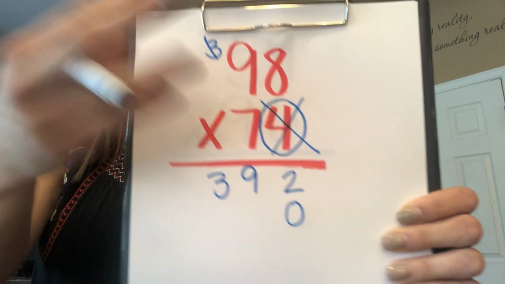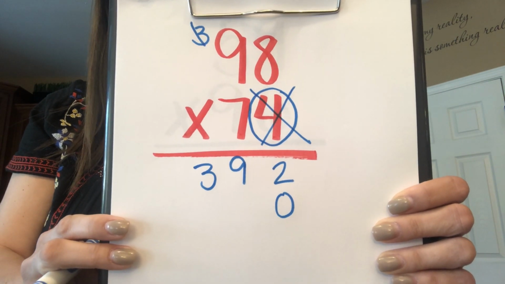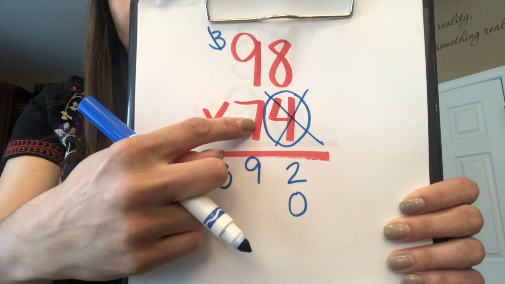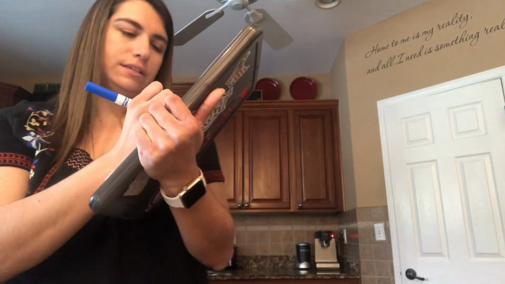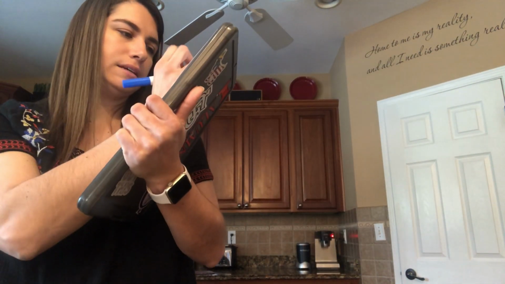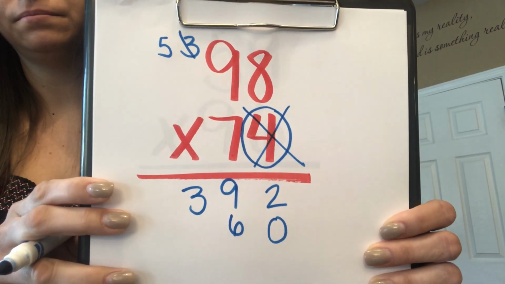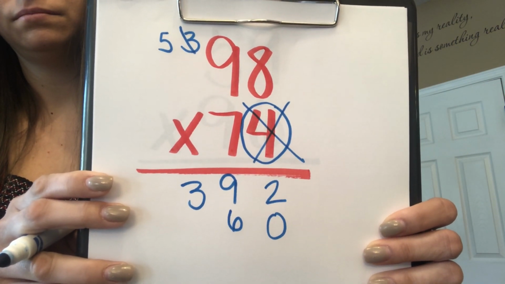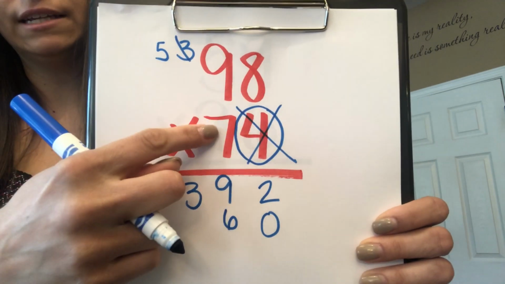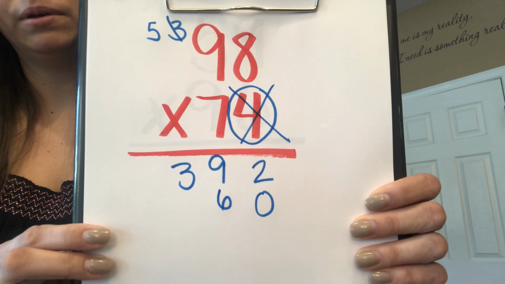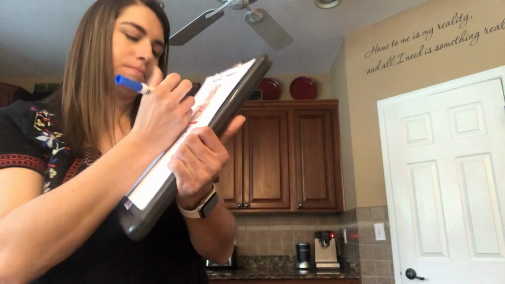Now I have 7 times 98. All right, so I'm gonna start with 7 times 8, which is 56. I write my 6, carry my 5, like that. And then I'm gonna take 7 times 9, which is 63. And 63 plus 5 is 68.